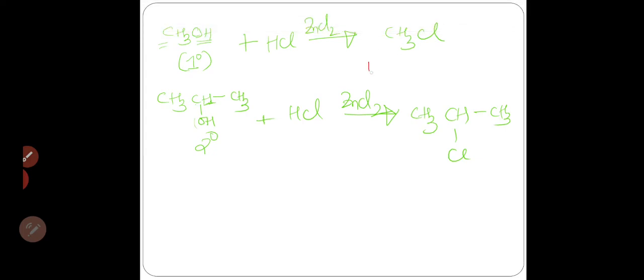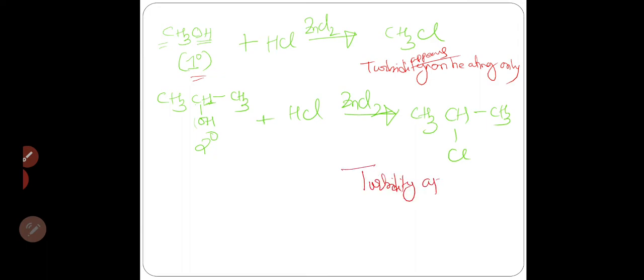So here you will get turbidity on heating only, because this is a primary alcohol. Turbidity appears on heating only. Now this is the secondary one. In this case, turbidity appears after 10 to 15 minutes.